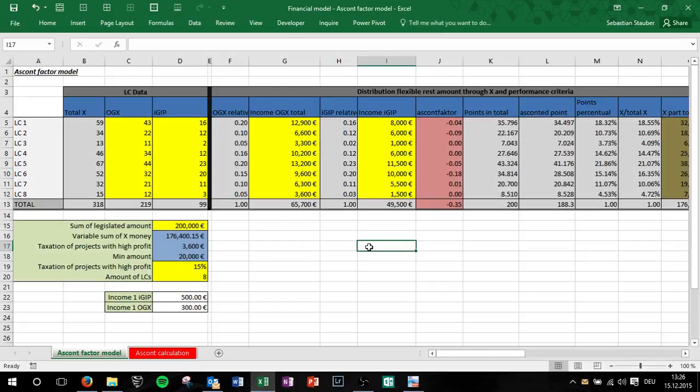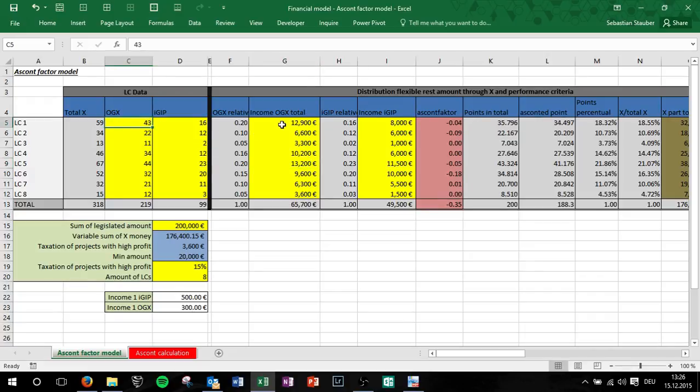So what it's basically about: you have your OGX income and IGIP income. What are the basics? First we have 8 LCs here, so you also need to write down 8 below, otherwise it's not working. First of all you're taxing income for OGX and IGIP from each LC.